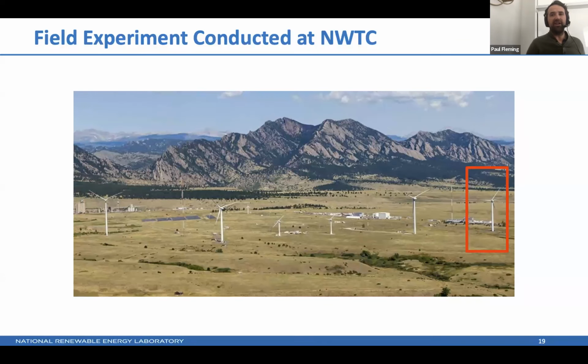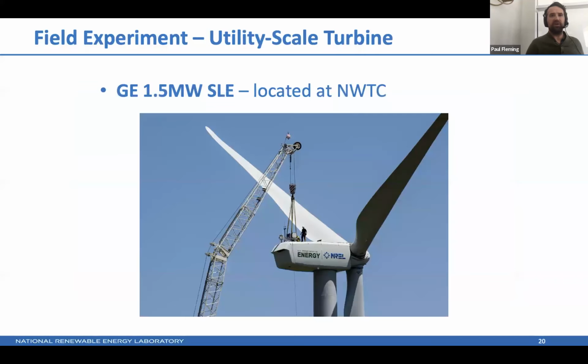We placed a LiDAR on this 1.5 megawatt turbine on the right, where we have some ability to change the controls. And we also have this upstream Met tower we could use to look at the inflow conditions. So here's us working with the University of Stuttgart to add a LiDAR on the back of the nacelle, looking backwards, so scanning the wake of the turbine while we take it through various maneuvers.